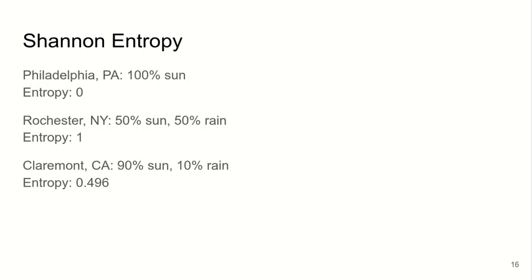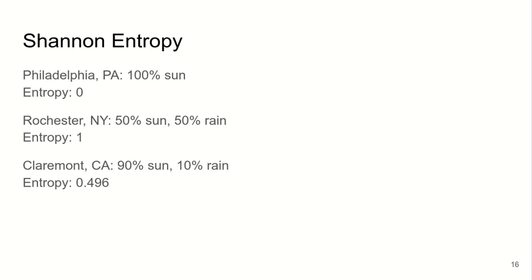A quick example of entropy is the weather. It is always sunny in Philadelphia, so if you're sitting inside on your couch, you can be certain that it is sunny. Standing up and opening your front door will not give you any information, so in this case, the entropy is 0. However, in Rochester, New York, there's a 50% chance of rain and a 50% chance of sun.